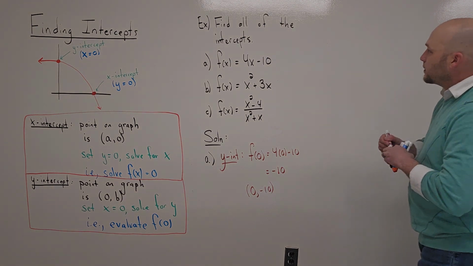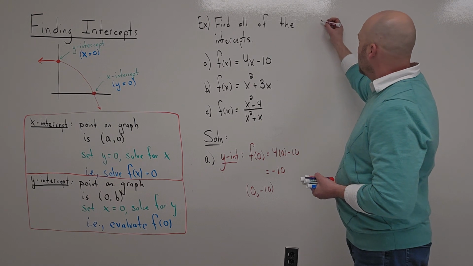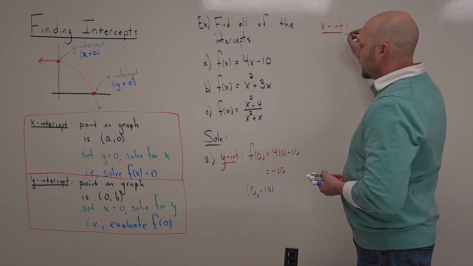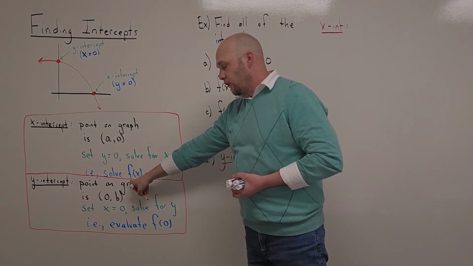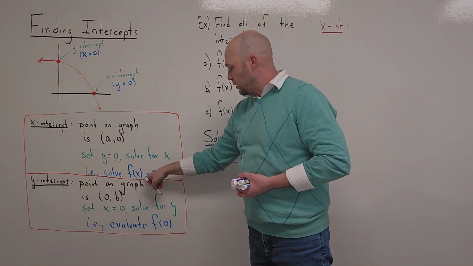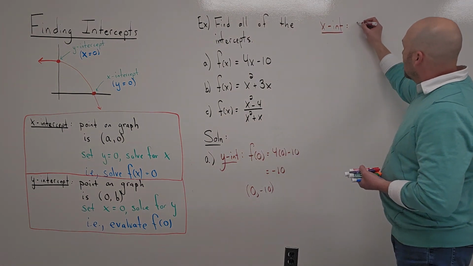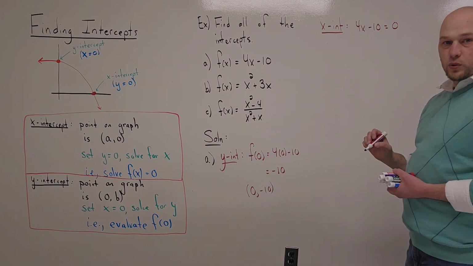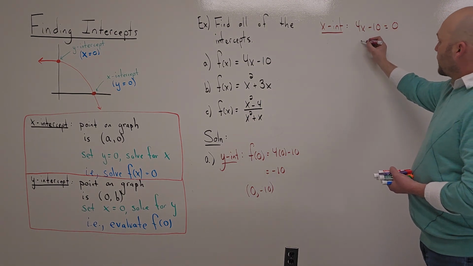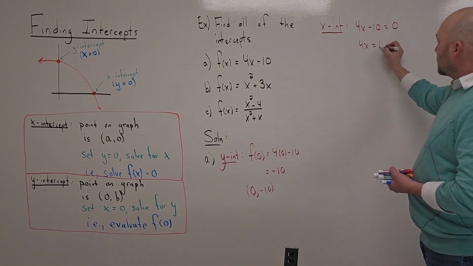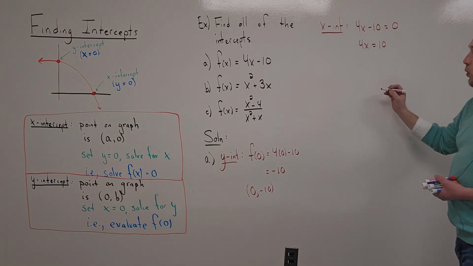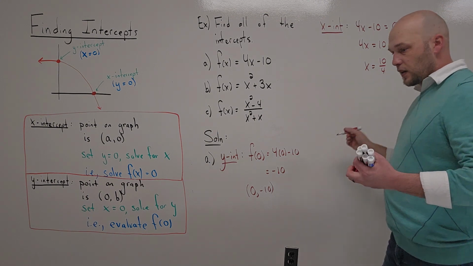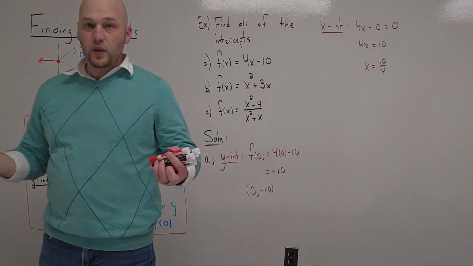For the x-intercept for part A, my procedure says to solve the equation, the function expression is equal to 0. That says I take the expression 4x minus 10 and set that equal to 0. Add 10 to both sides, 4x is equal to 10. Divide by 4, I get x is equal to 10 fourths. 10 fourths reduces, 10 and 4 are both even.